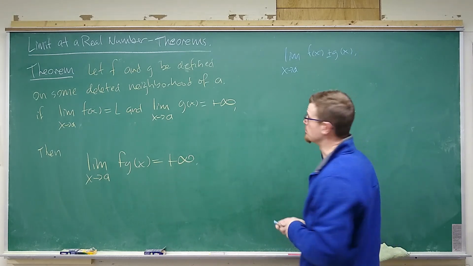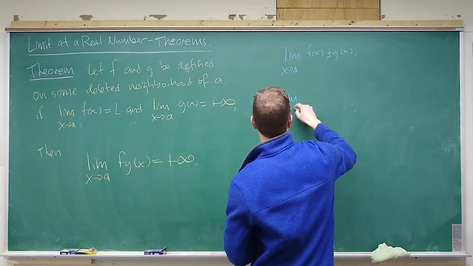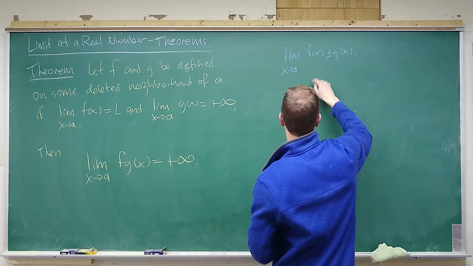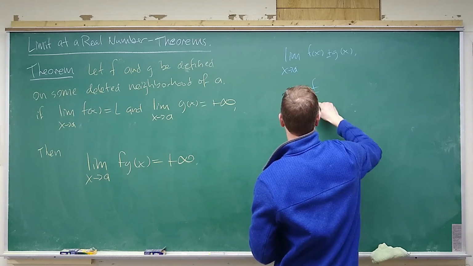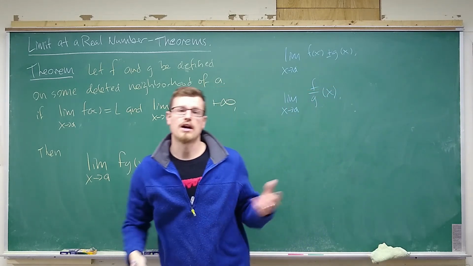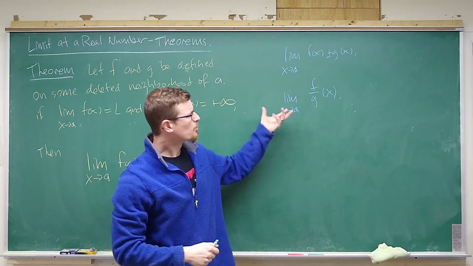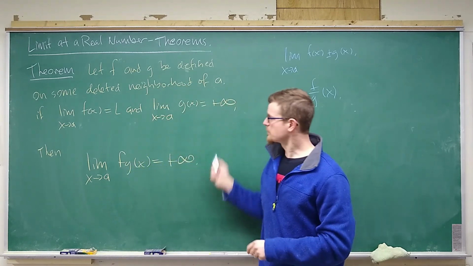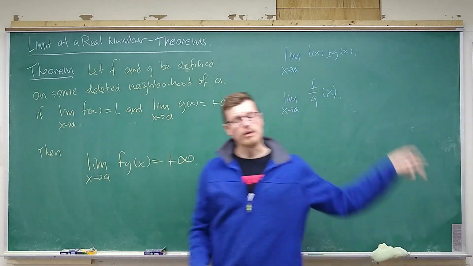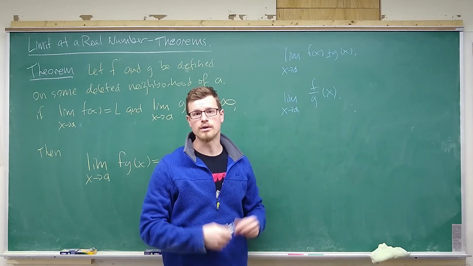What would that limit be? Or you might consider the limit as x approaches a of f divided by g of x. Okay. So you might also consider these limits as well. What would these end up being? Well, it's similar to what these are, but these I'll leave you to investigate on your own.